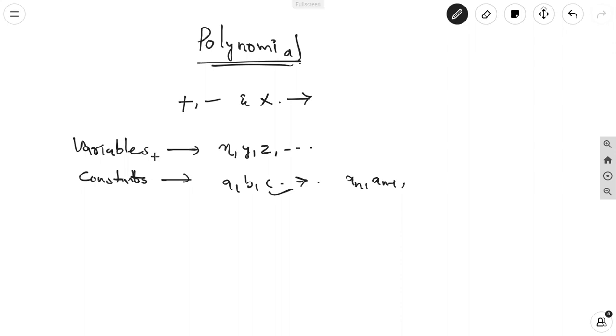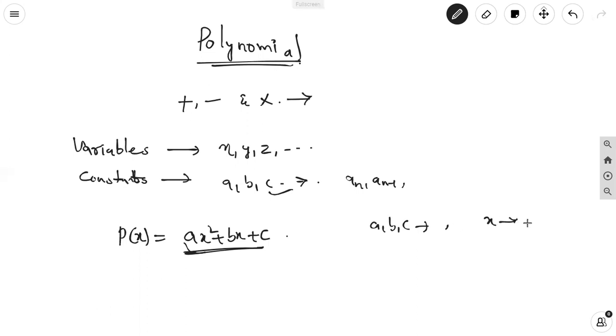Such an expression is called a polynomial, denoted by p of x equal to ax square plus bx plus c, like that. In this expression, a, b, c are the constants, and the expression is in the variable x, in degree form, that is, power or exponential form.